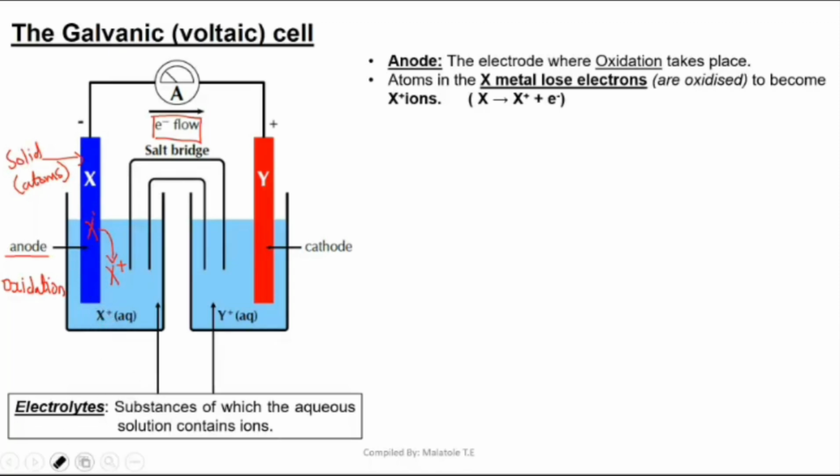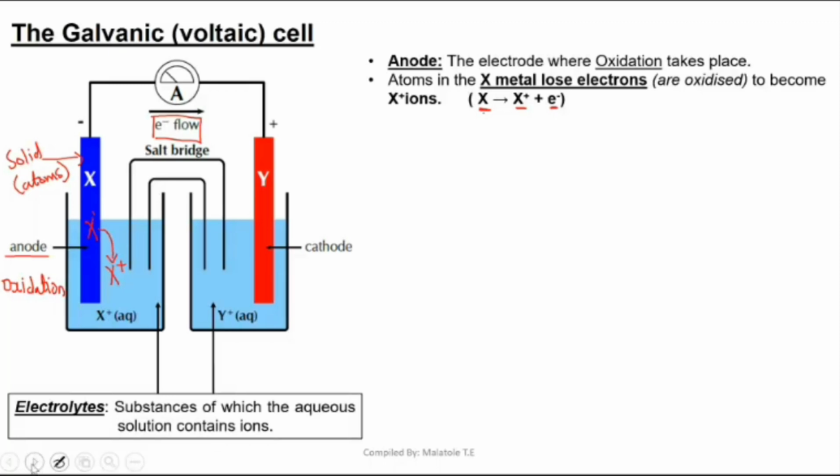Okay, the atoms of the electrode on the left hand side, which is the anode, will lose electrons. We know every time an atom loses electrons, it becomes positively charged. There is the atom X. It loses an electron to become X+. Yes, we balance the oxidation half reaction by putting a charge of an electron so that we can have 0 charge on the left and 0 charge on the right as well.